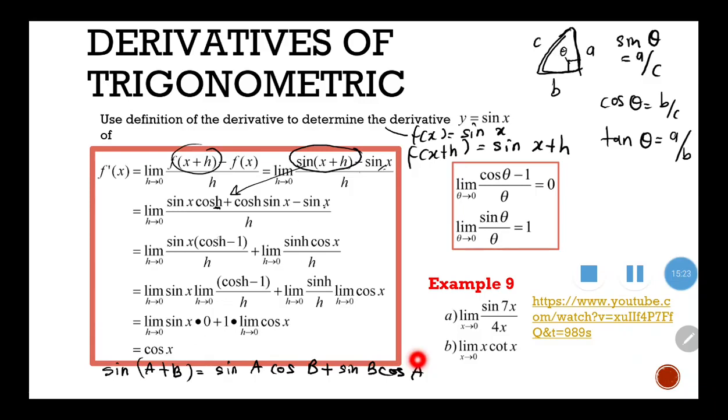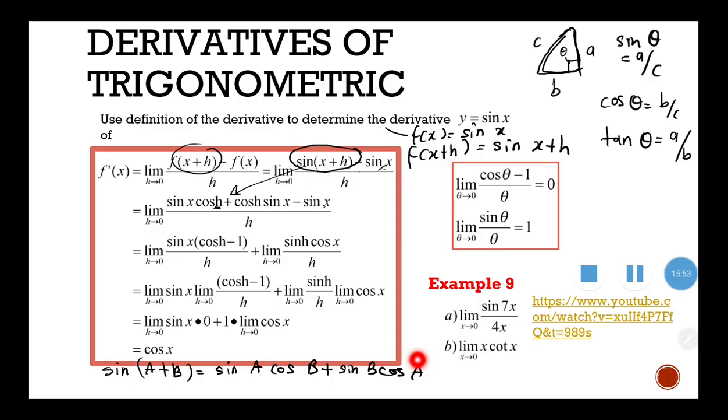So for this part here, we try to put it together. Okay, I think there is some mistake in this equation. We try to do it in our own way.